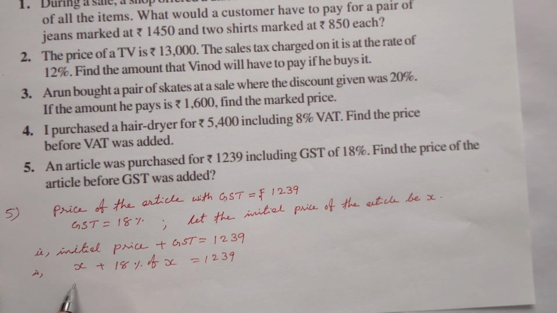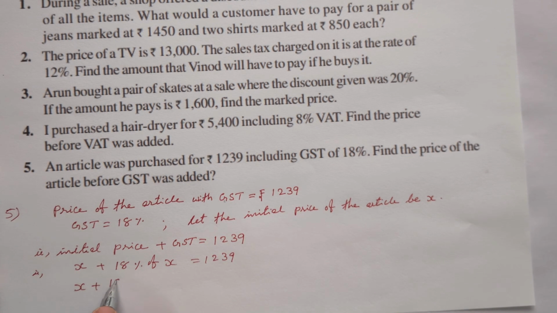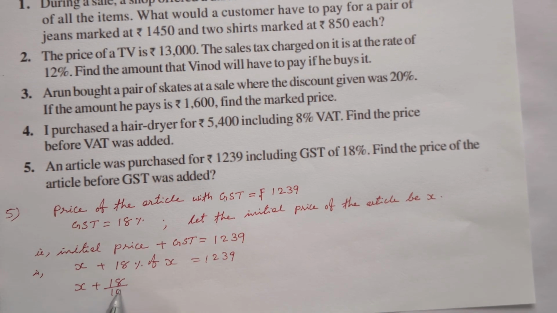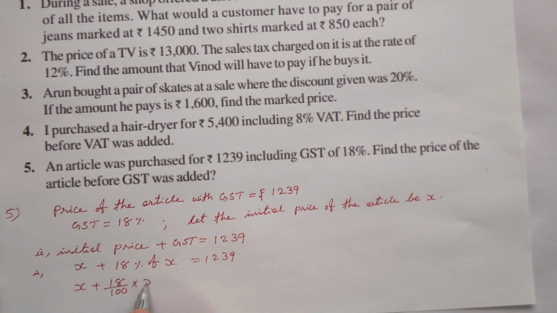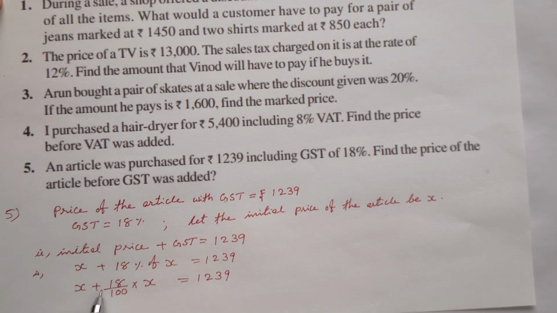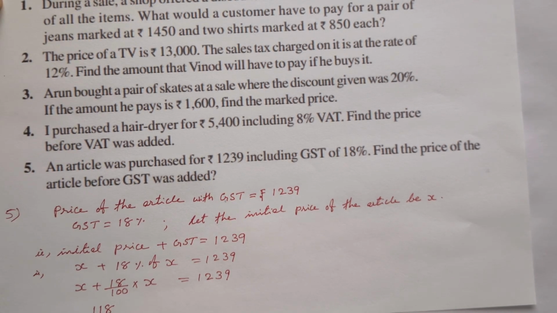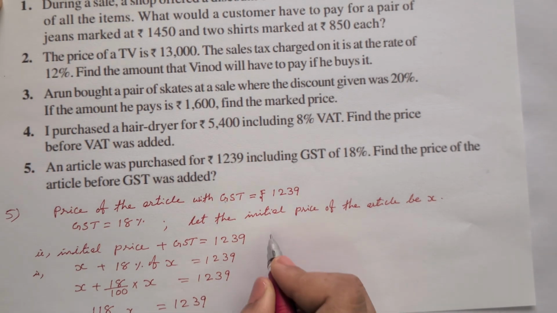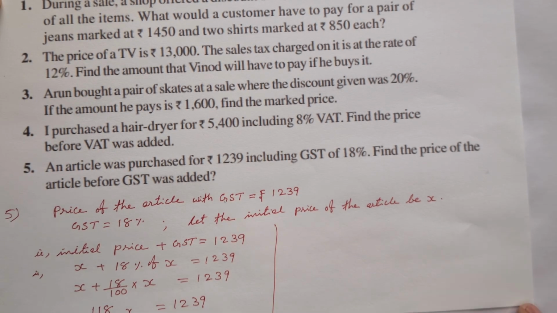Now here we can write that as X plus 18 by 100 into X, that is equal to 1239. Again 100 as the LCM or denominator, then it will come 100x plus 18x, which is equal to 118 by 100 X is equal to 1239.